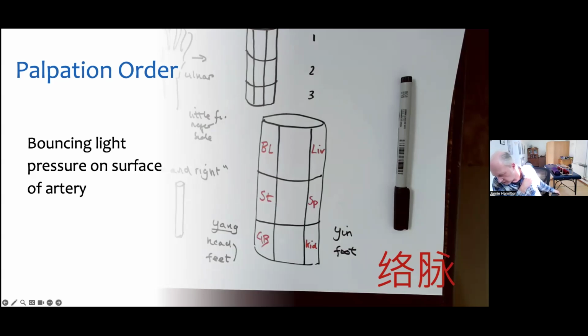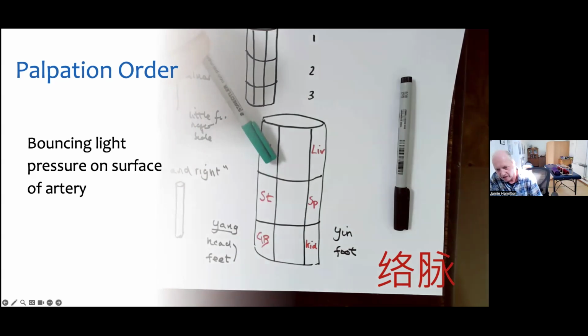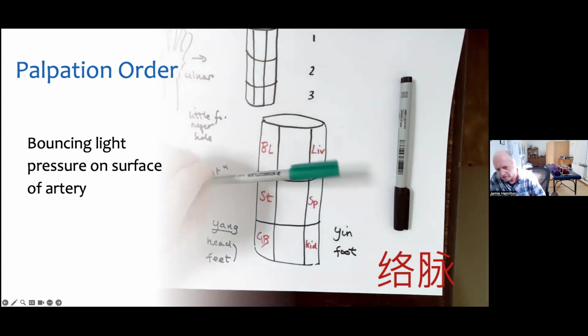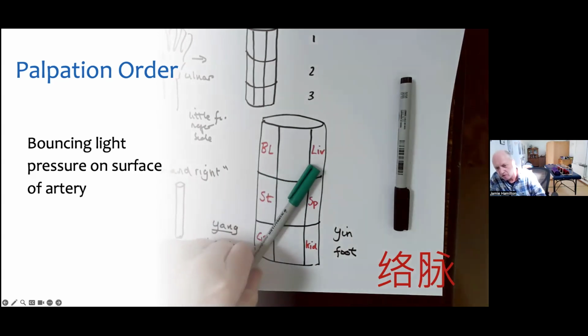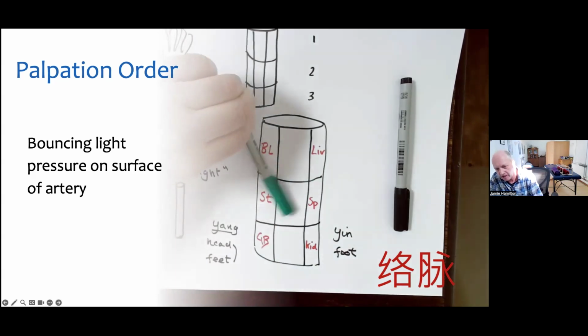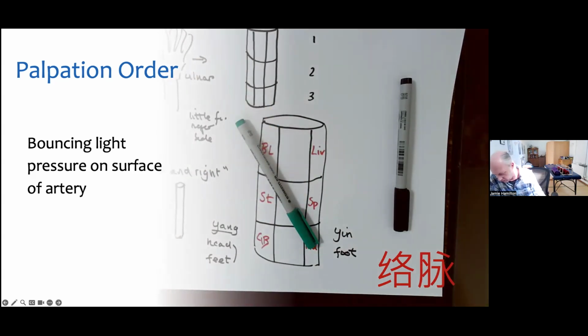So stomach and spleen are obviously opposite. Bladder and kidney are opposite, and gallbladder and stomach and spleen, you could say, are at the same level, or opposite. If you're talking about opposites, gallbladder and liver are opposite, and bladder and kidney are opposites. So that is what I noticed from it.